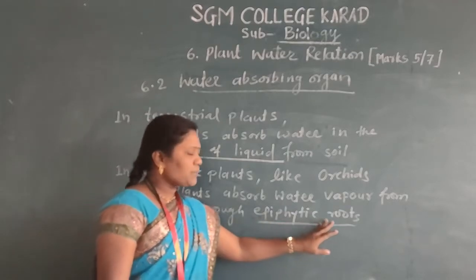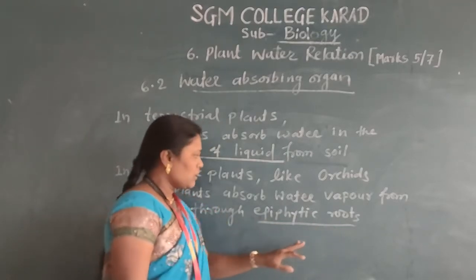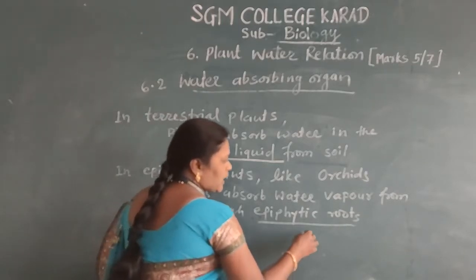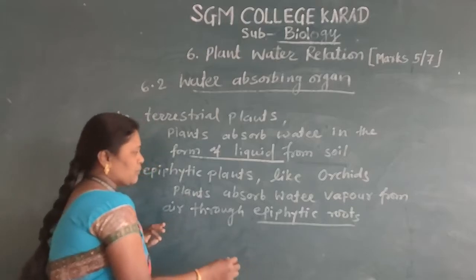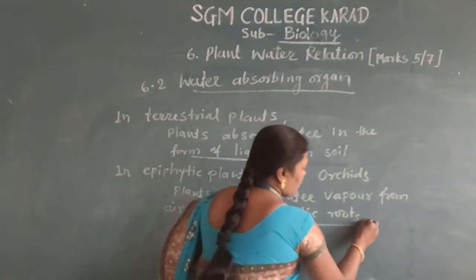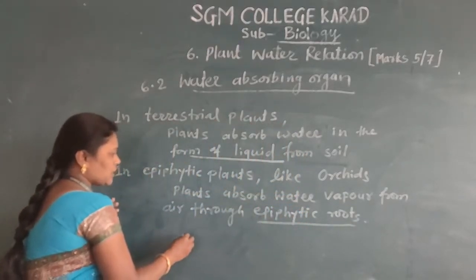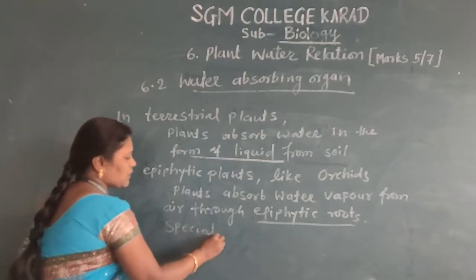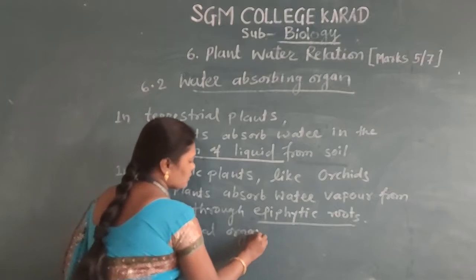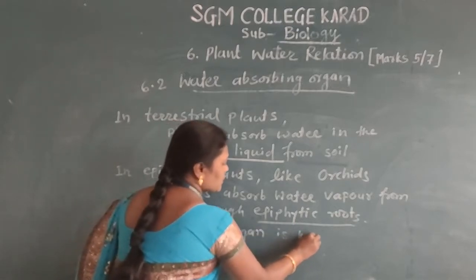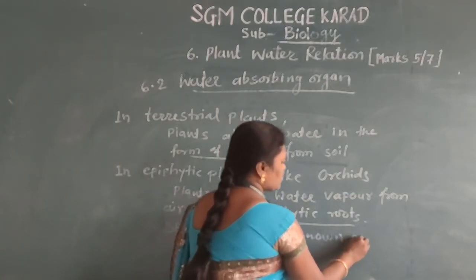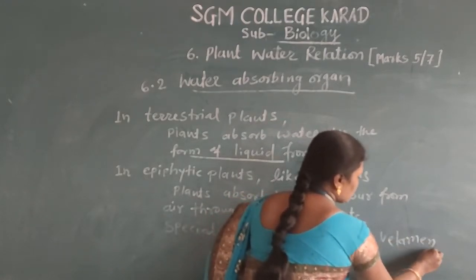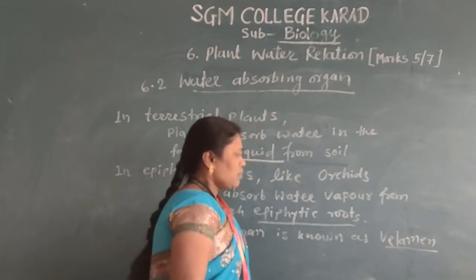These epiphytic roots are a special type of organ, and that special organ is known as velamen.